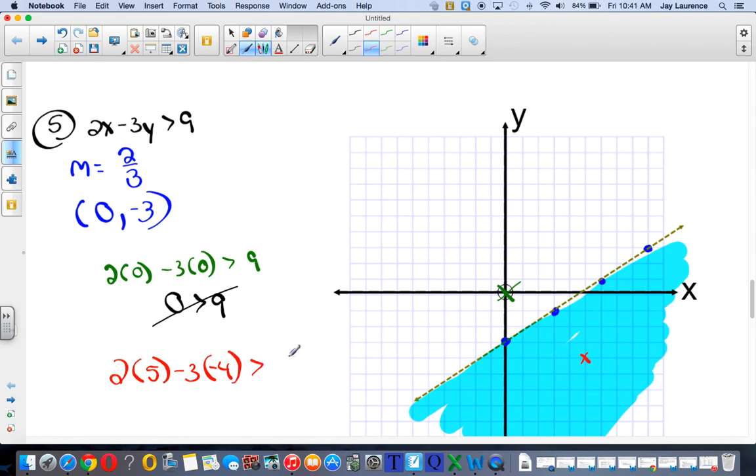And this will be 10 plus 12, because negative 3 times negative 4 is positive 12. Is that greater than 9? You bet your boots. It's going to be 22. 22 is greater than 9. So, this is a true statement, right?